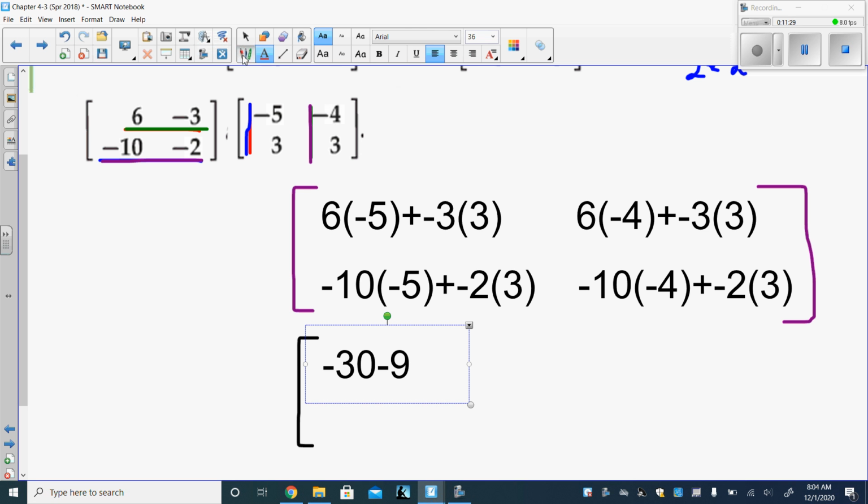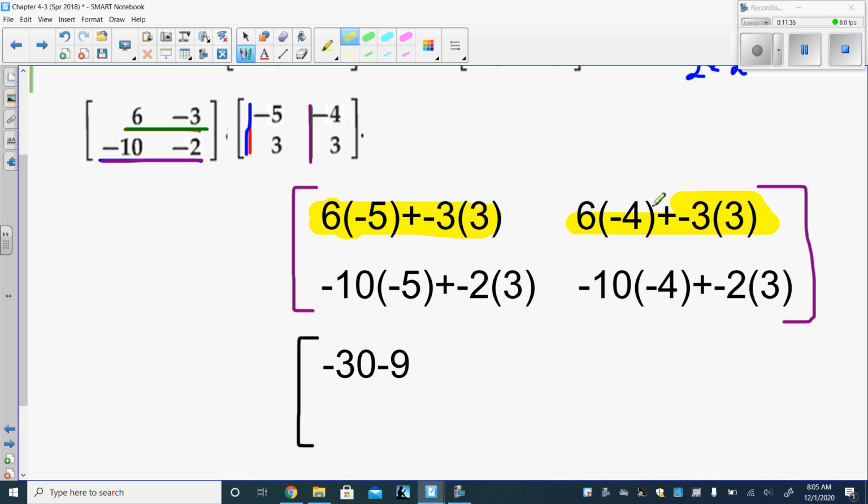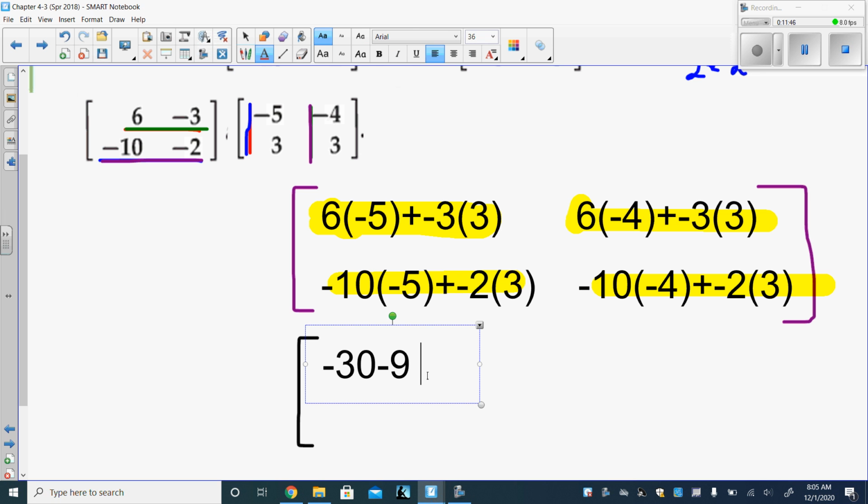Now, if you really wanted to, at this point we could have plugged each one of these as a whole into the calculator and gotten each number. That would have given us our answer a little bit quicker. But I'll keep doing these stepped out.